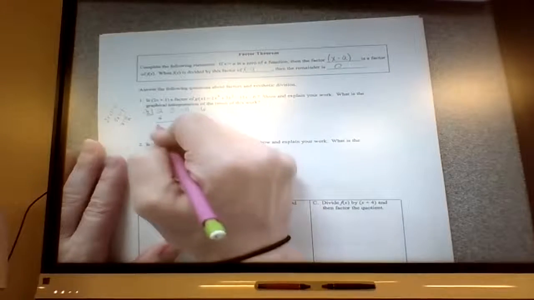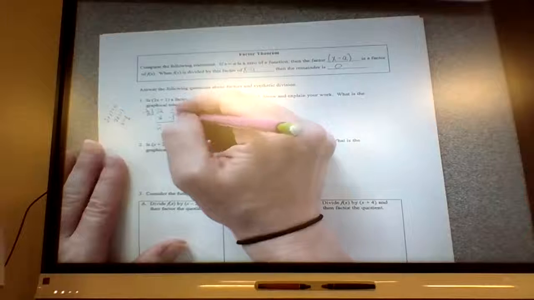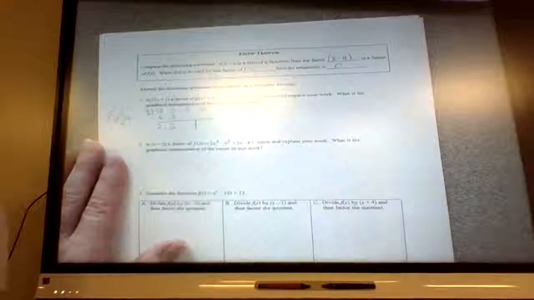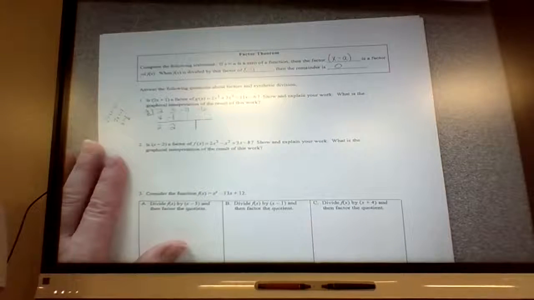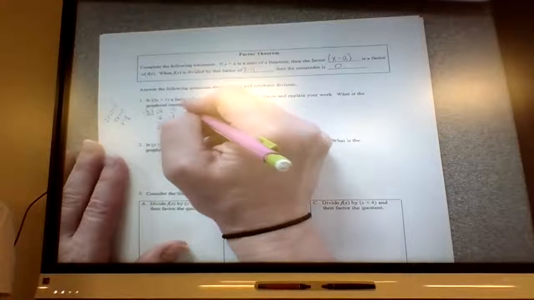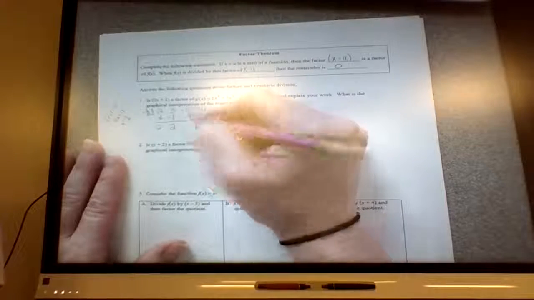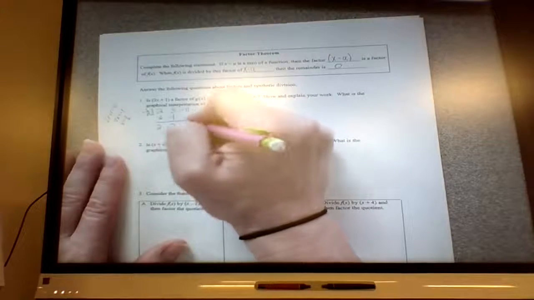So I'm going to bring that 2 straight down. Negative 1/2 times 2 is a negative 1. When I add 3 plus negative 1, I get 2. Negative 1/2 times 2 is a negative 1 again. And negative 11 plus negative 1 is a negative 12.